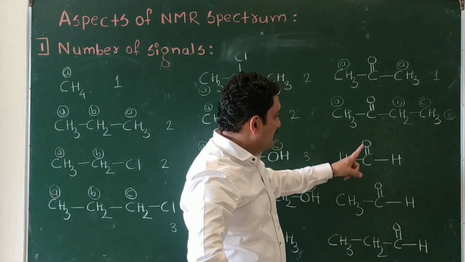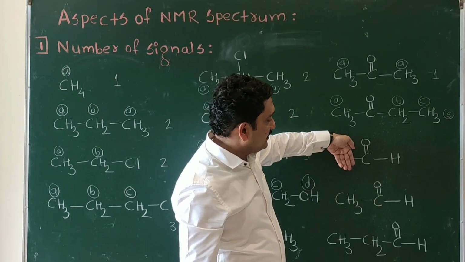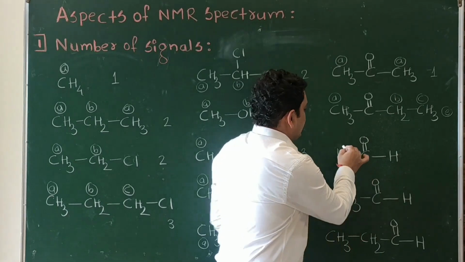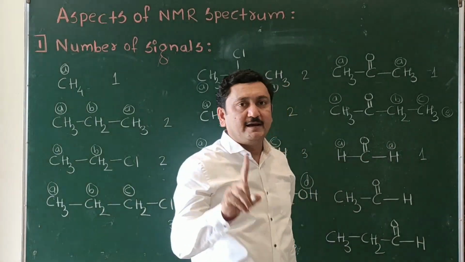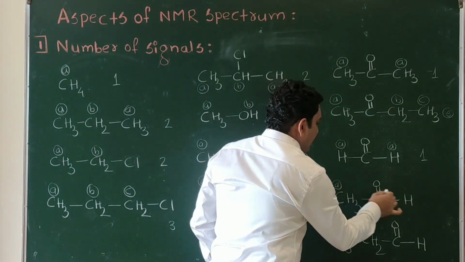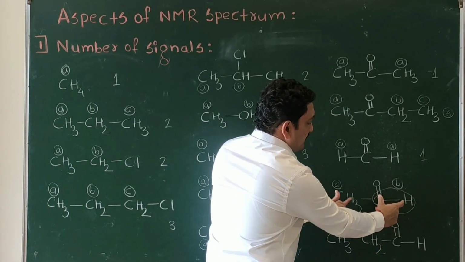Now aldehydes. Formaldehyde: both hydrogens will give the same signal because the environment is the same, COH. Collectively they will give the same signal. The number of signals for formaldehyde will be 1. Acetaldehyde, CH3 and CH: CH3 and CH can never be equivalent.